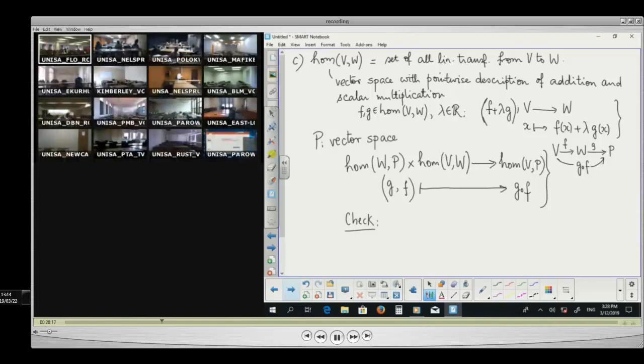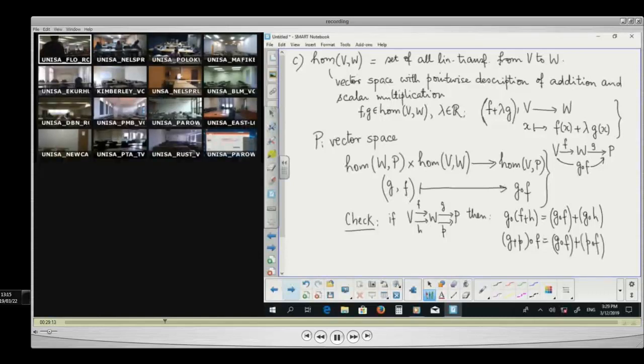If, then, as well. Very similar to the matrix ones, but I ask you to check.